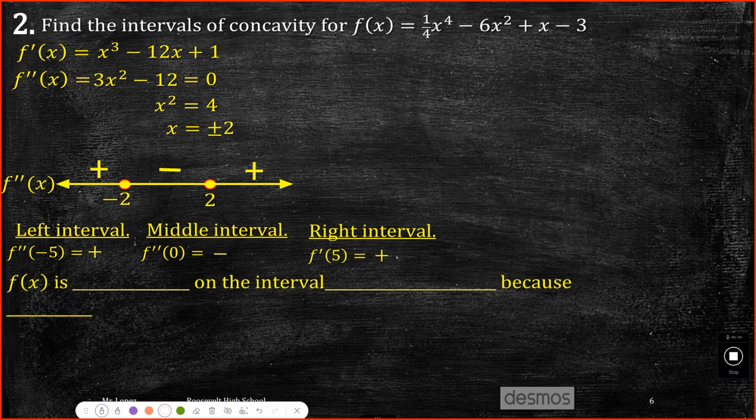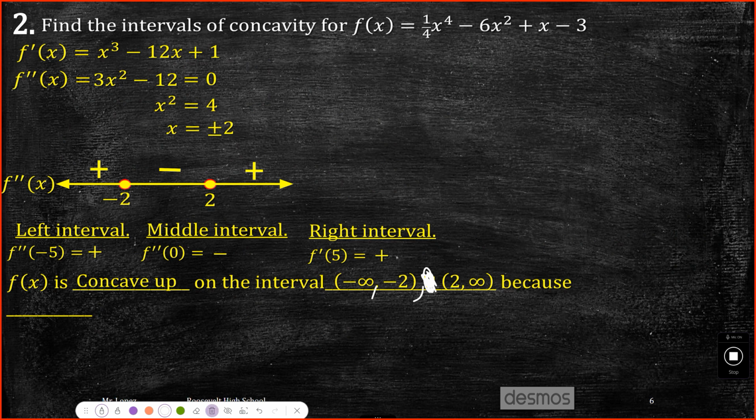So f of x is concave up on the interval negative infinity to negative 2. Sometimes it's better not to use a union symbol, just say from negative infinity to negative 2, comma, 2 to infinity.